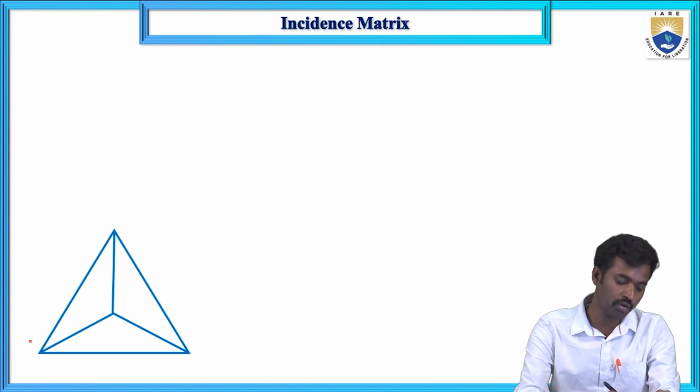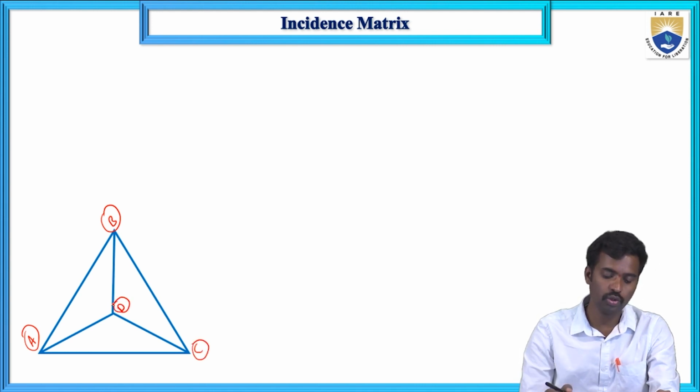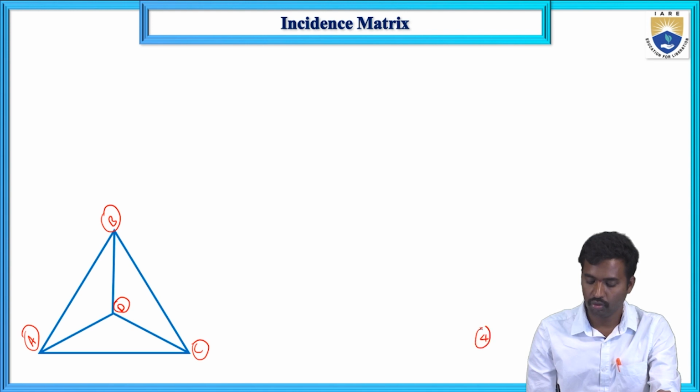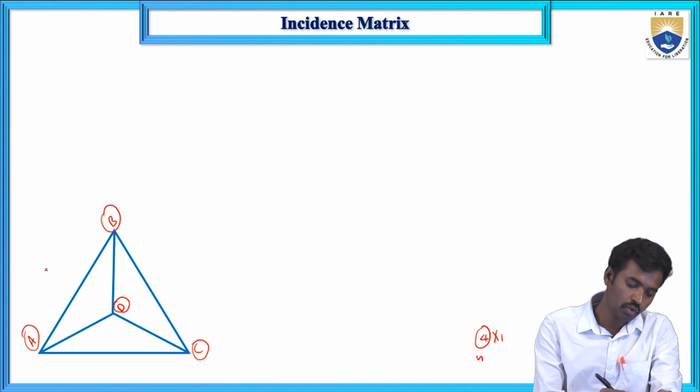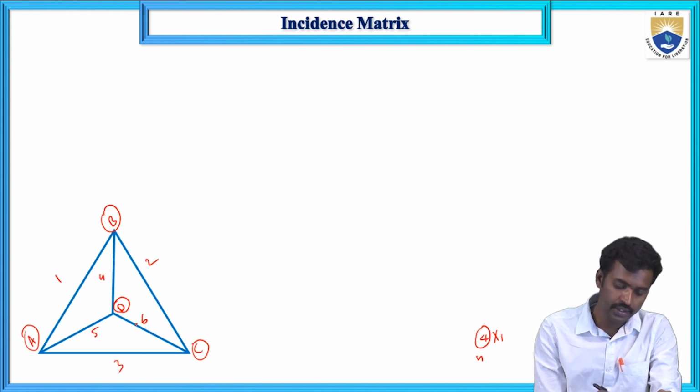Here the possible nodes are A, B, C and D, a total of 4 nodes. The number of branches b equals 6: 1, 2, 3, 4, 5 and 6.